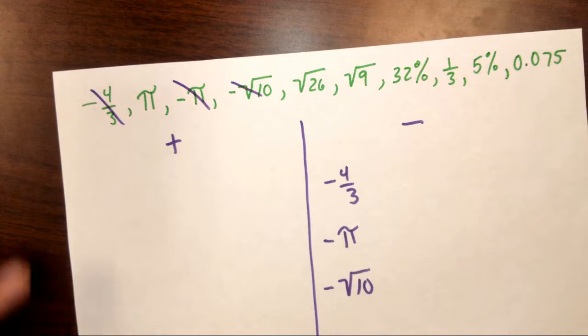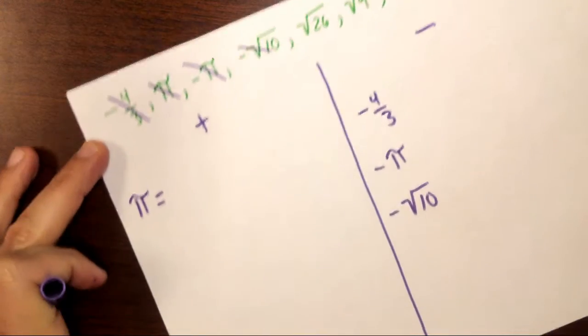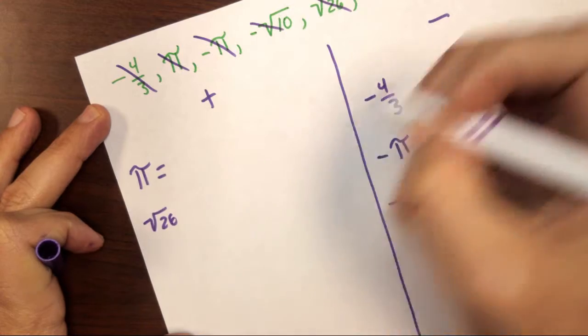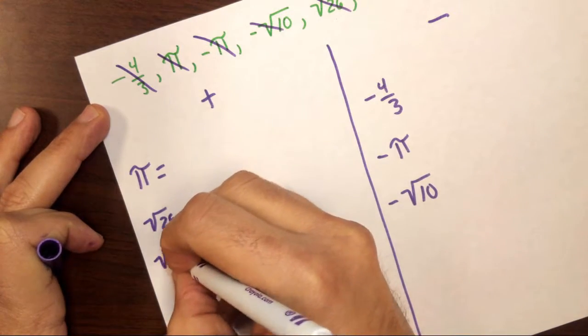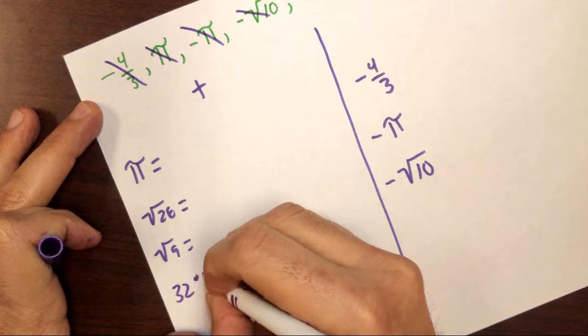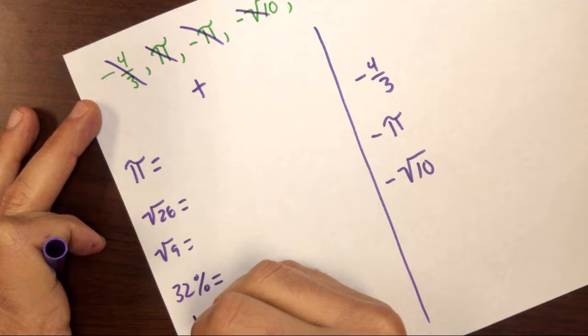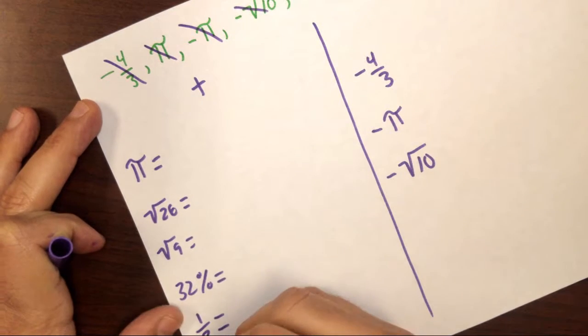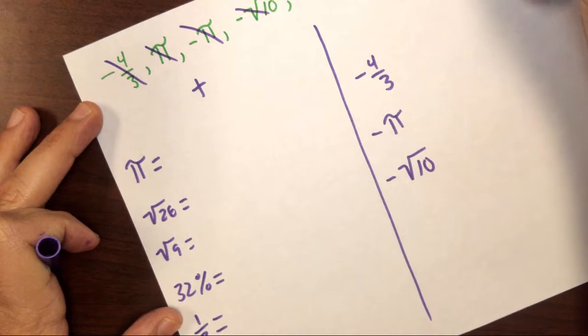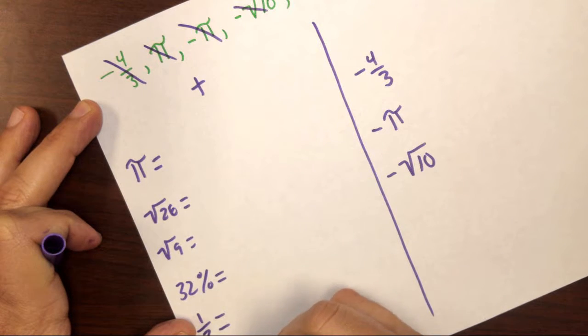Now I'll write the positives over here: positive pi, square root of 26, square root of 9, 32%, 1/3, 5%, cross them off as you go so you don't leave any off, and 0.075.